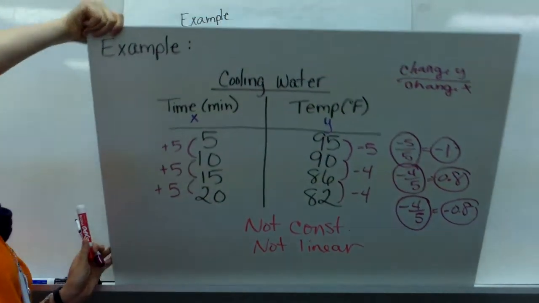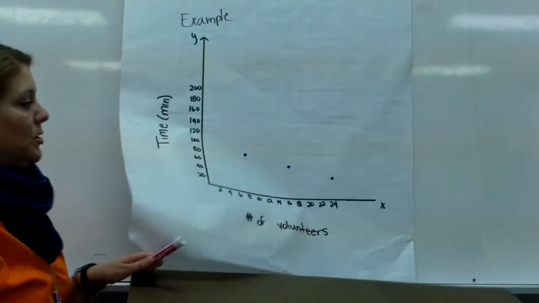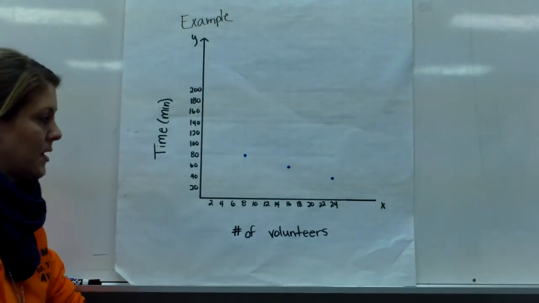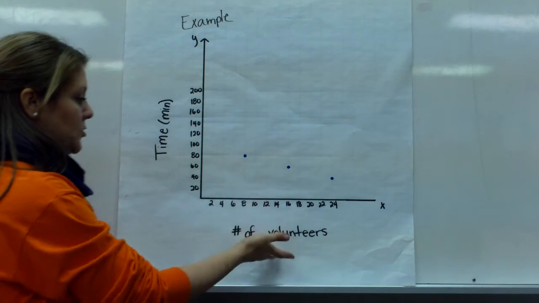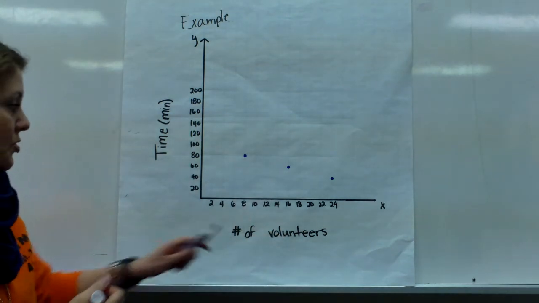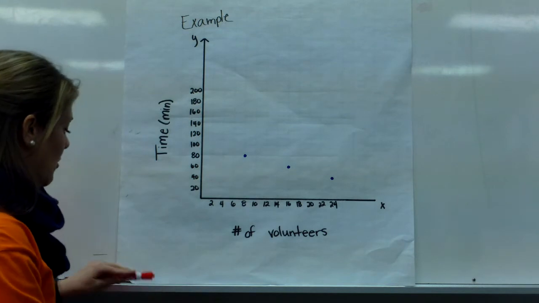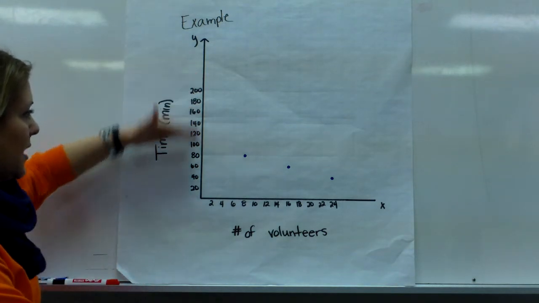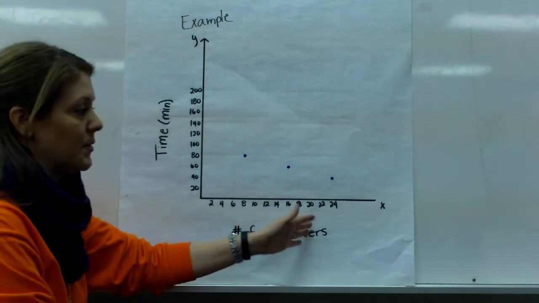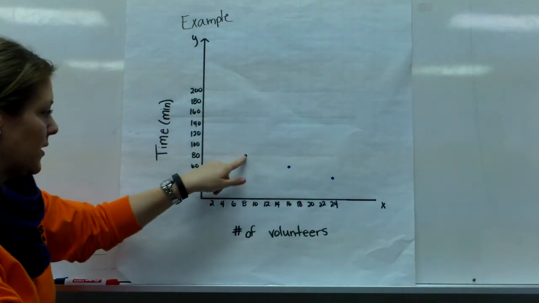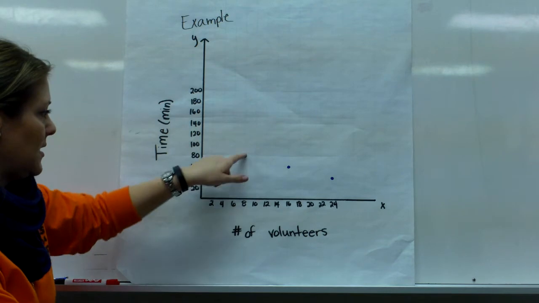Last example, you may see a relationship in graph form. For instance, this situation with the number of volunteers, which is your X, and your time in minutes. So I'm assuming we're talking about the time to get a job done depending on how many volunteers you have. For instance, the first point is at 8 and 80.